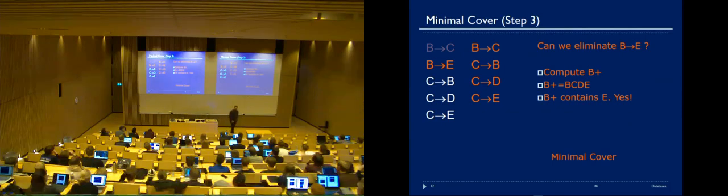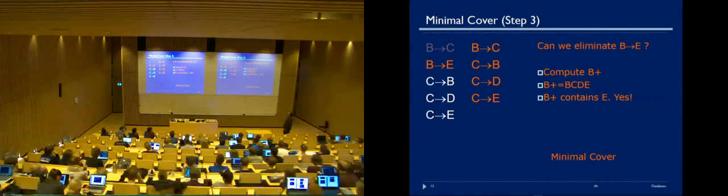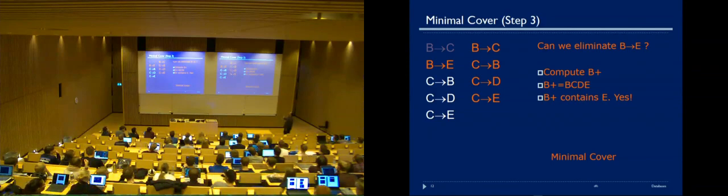And then what do we have? Eventually we keep the first dependency that goes from B to C, and we keep the other three ones. At this moment, just by simple inspection, we can see that any of those three dependencies that have C on the left cannot be inferred from the others, right?